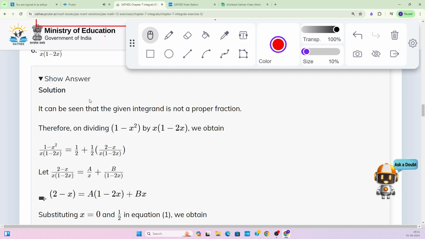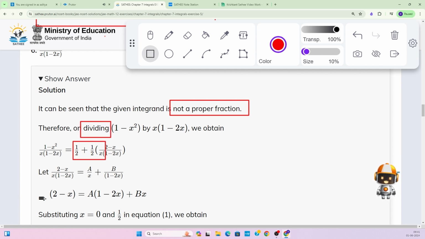Okay. Whenever you are not given a proper function, you always have to divide. Then you will get your proper function. So now your expression is reduced to a proper function. Now what you can do is quite simple. This expression, we have to break into partial fractions in this form.